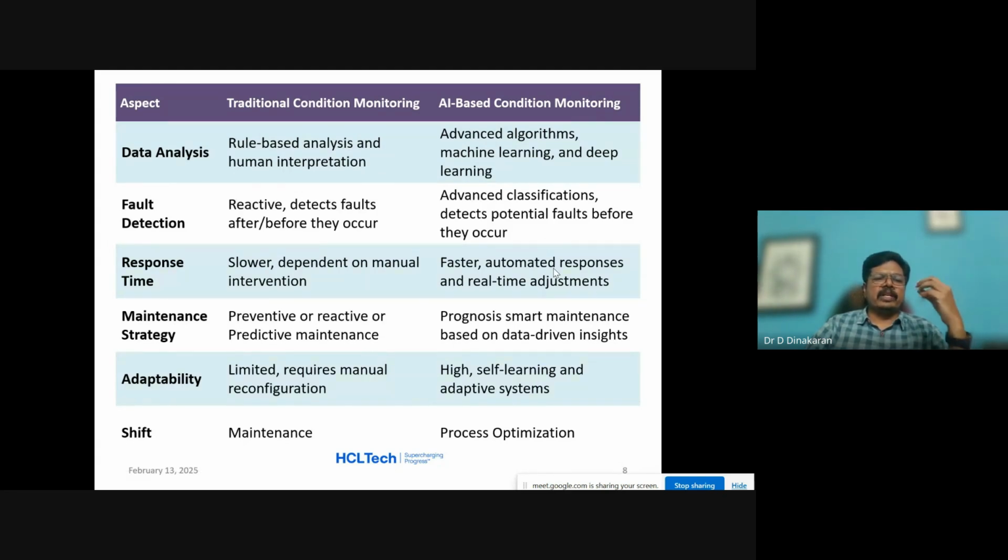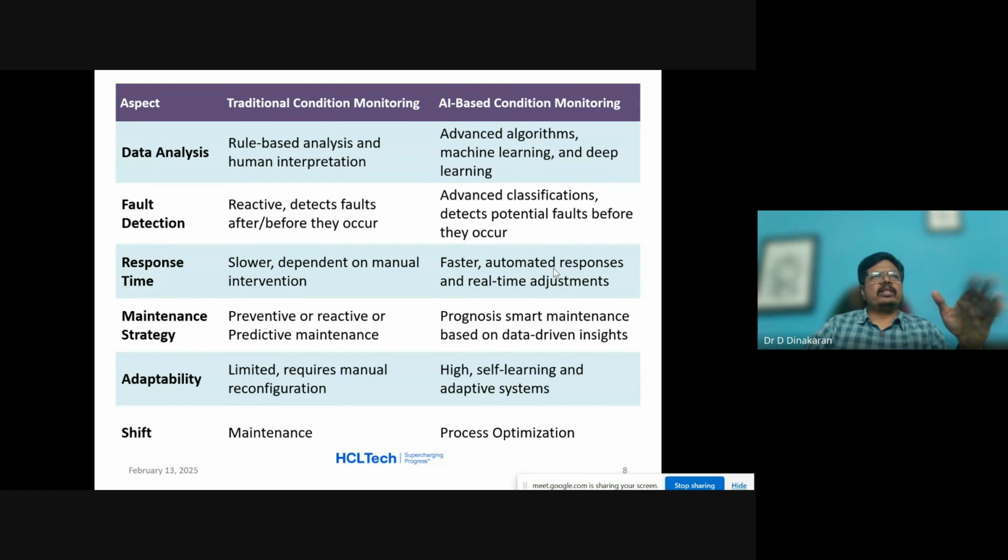So we can devise a very effective maintenance strategy, and adaptability is very, very high. For example, if you are using fixed models on machine tools, those models will work up to some time. Once the machine starts degrading, because each and every machine or equipment is subjected to wear and tear, the behavior will change.